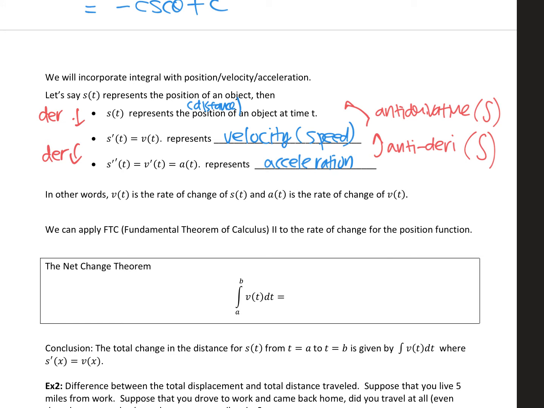When you integrate something, you basically get the antiderivative. So what's the antiderivative of the velocity function? It's basically the position function, so s of b minus s of a: the position function at b minus the position function at a. This is the second fundamental theorem of calculus, right? All right.